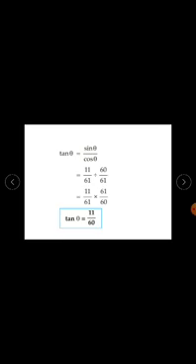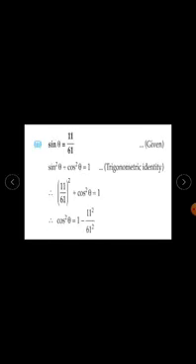Now find out tan theta. We know tan theta is sin theta upon cos theta. Sin theta is given as 11 upon 61, and cos theta is 60 upon 61.